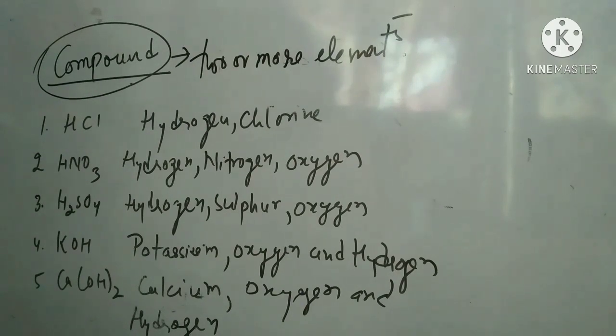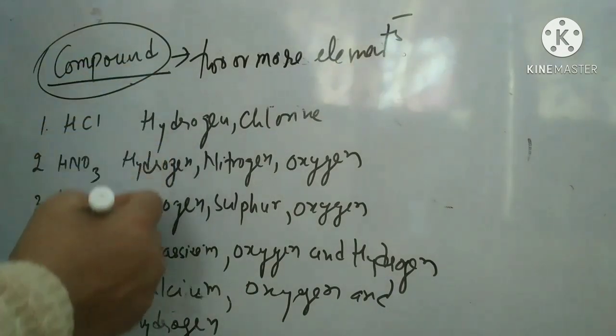Compound is always homogeneous. Particles in a compound are of one kind. Compound has a definite set of properties. Components in a compound do not retain their original properties and can be separated only by chemical means.